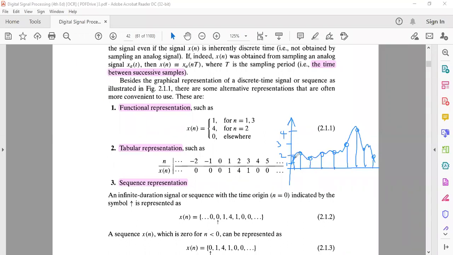So you can give the values. Maybe this is 1.8. This is 2.2. Maybe this is 1.8 again. Maybe this is 1.9. 1.9 again. Maybe this is 3.1, and this is maybe 4.2.